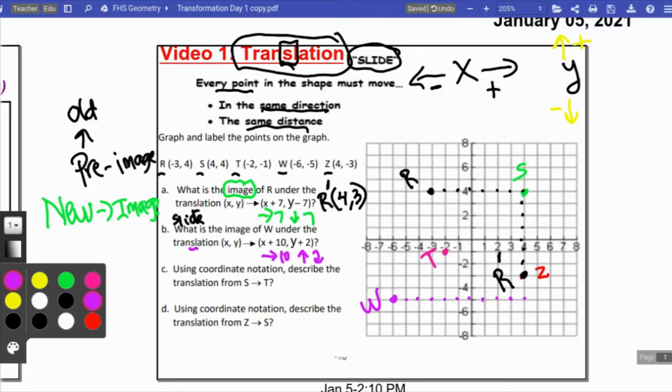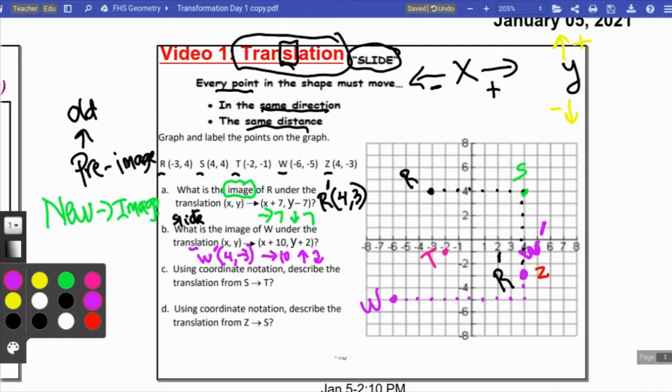All right, up 2. 1, 2. It falls again in the same point. That was not intentional, y'all, but it's just happening, which is okay. So I'm going to write W prime to show that's the new one. The new point, W prime, is located at 4, -3. No big deal.